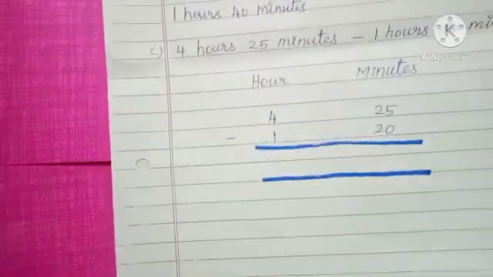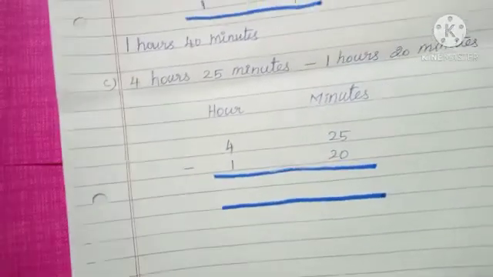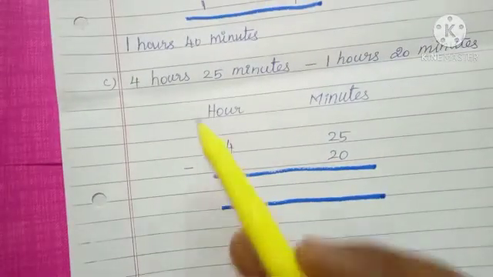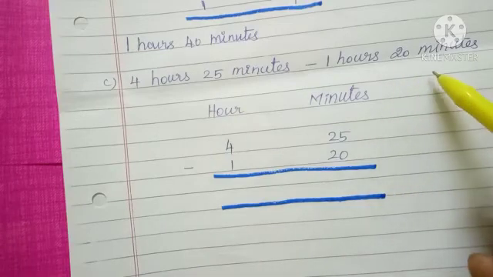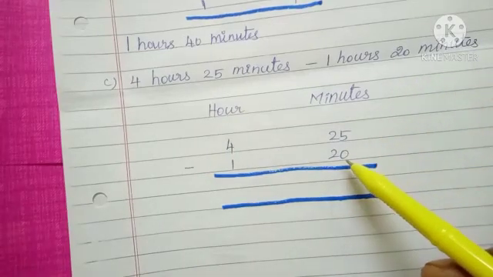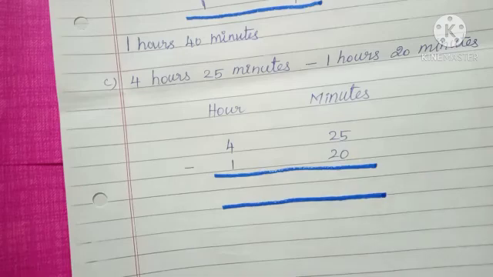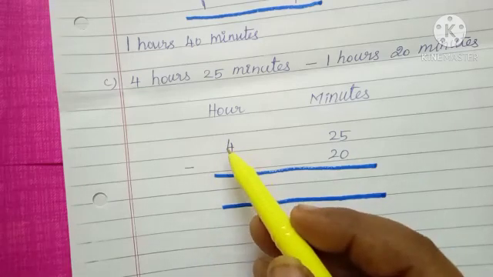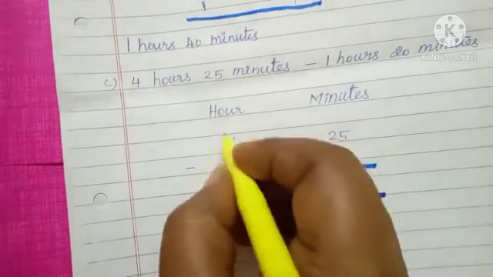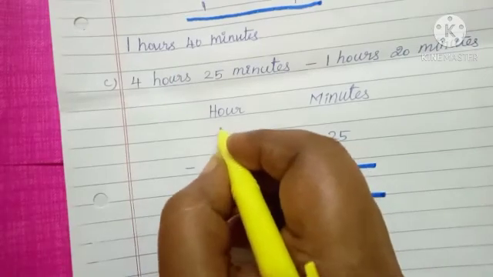Then next one, third sum. You try to do this. 4 hours 25 minutes, 1 hour 20 minutes. So 25 subtract 20 is not possible. So use the same method: 1 hour changed from the before number, 4 hours to 3 hours.